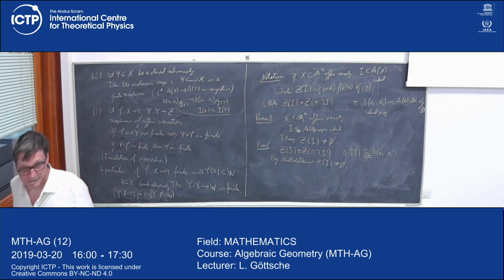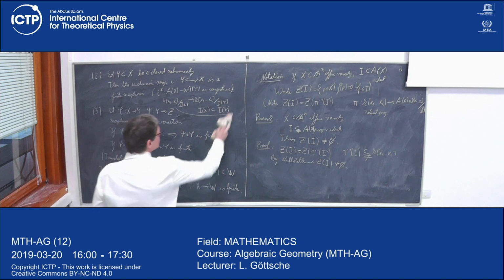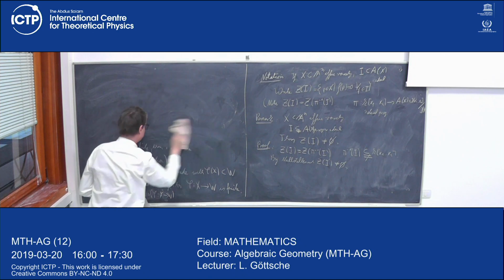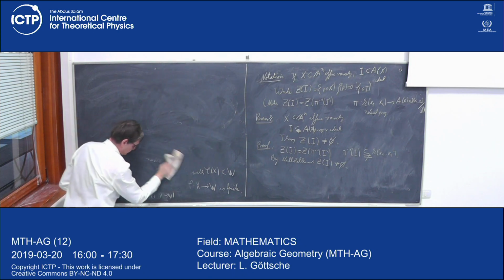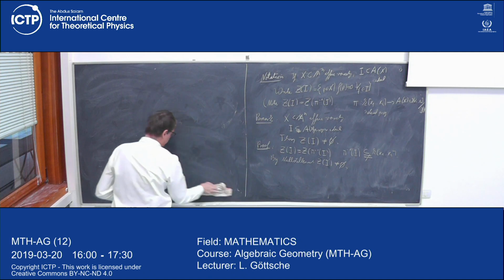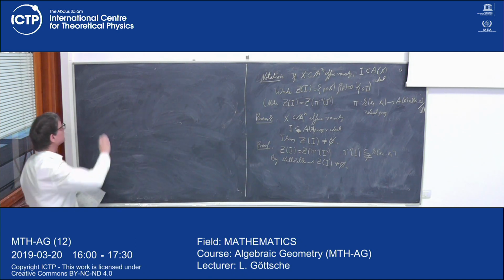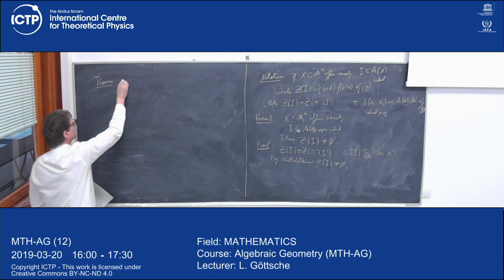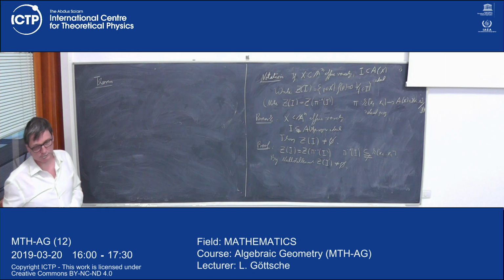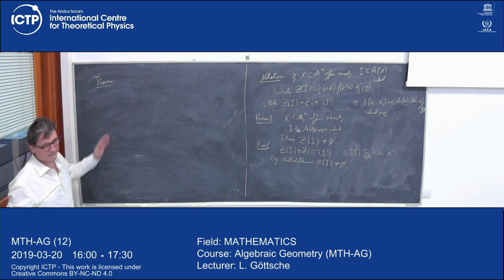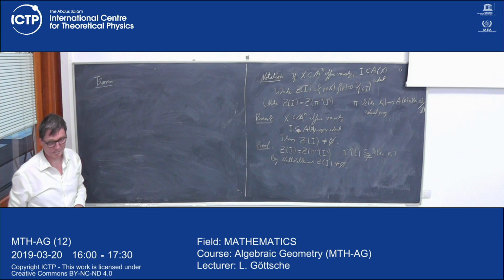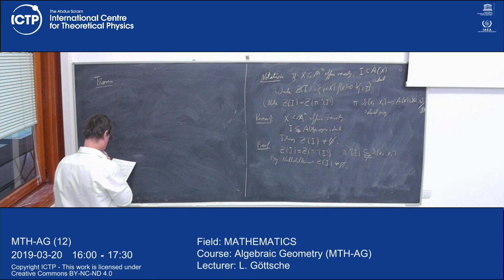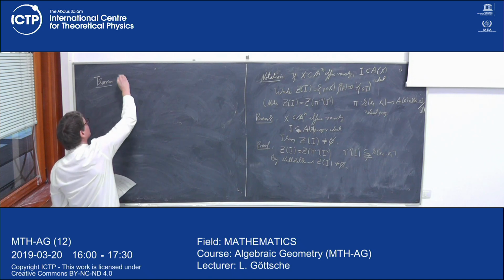So now, after these preliminaries, we want to show that finite morphisms are closed. Let's make first the theorem. For us, finite morphisms are always finite morphisms of affine varieties, but the theorem would hold without that assumption. But as we only work with affine varieties, we only do it in affine cases. So finite morphisms are closed.